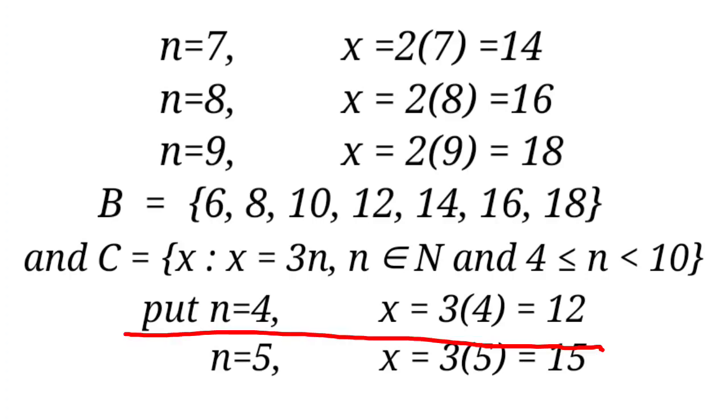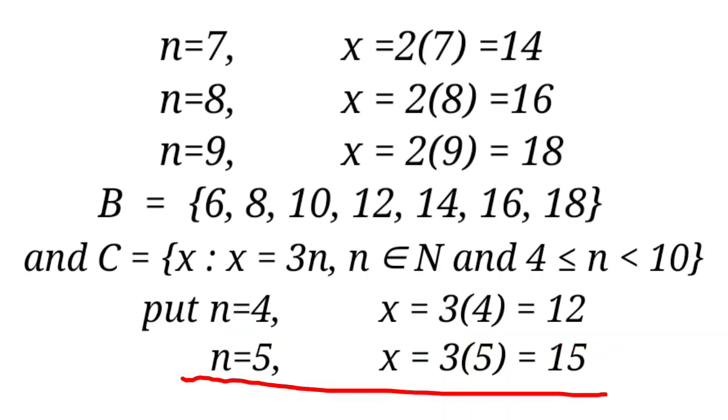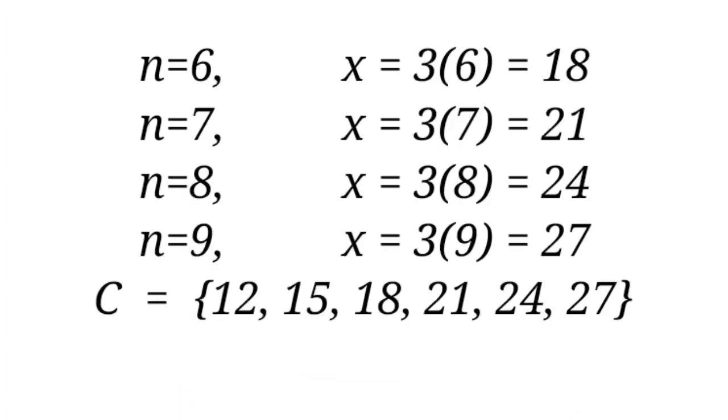Put n is equal to 4, then x is equal to 3 into 4 is equal to 12. Put n is equal to 5, x is 3 into 5, we get 15. Put n is equal to 6, x is 3 into 6, 18.